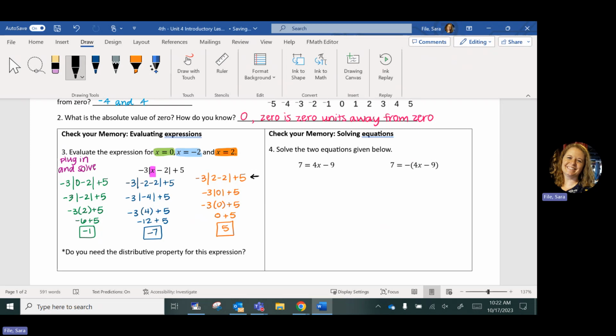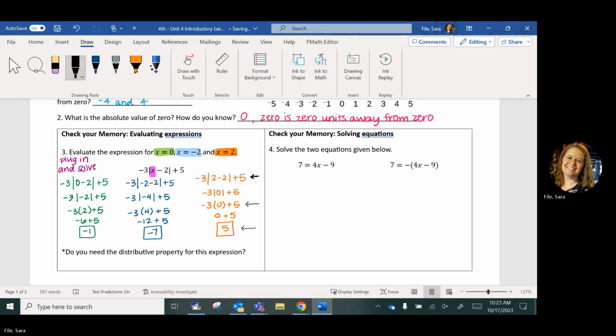Then I imagine most of you can do the addition or subtraction inside in your head, take the absolute value and get to here, probably without writing that other one down. And then you could say, okay, that's 0, add 5, that's 5. So I would expect maybe just those 3 lines. Does that make sense? Fair enough. Show me at least that much work. You can skip the ones in between if you want to do those in your head.